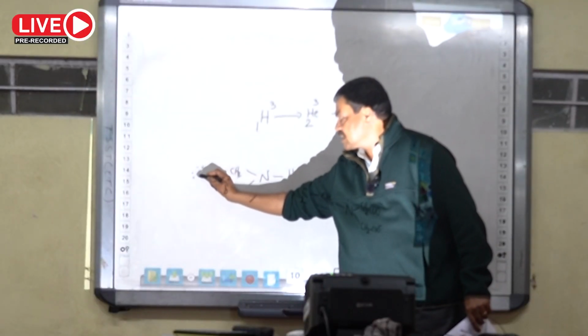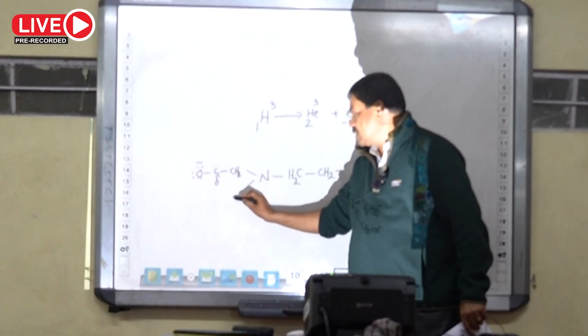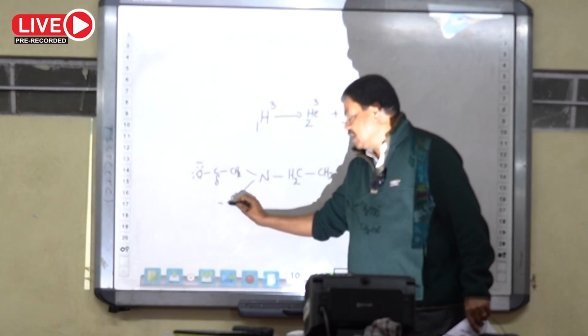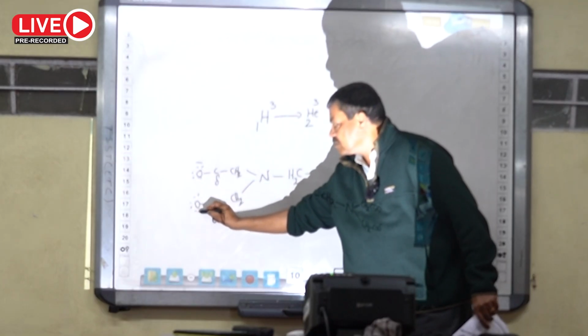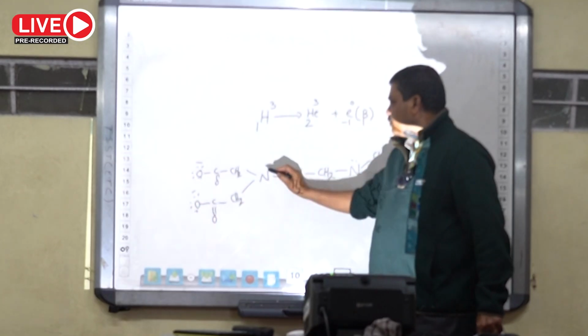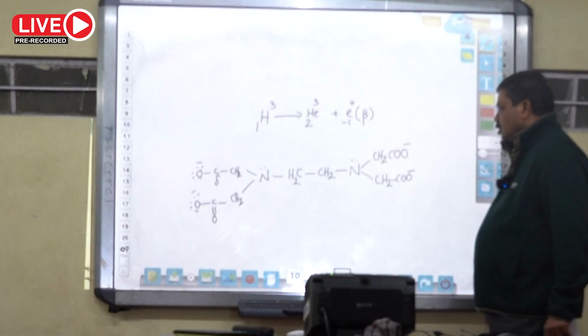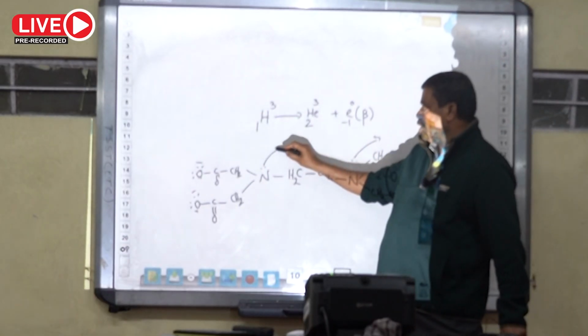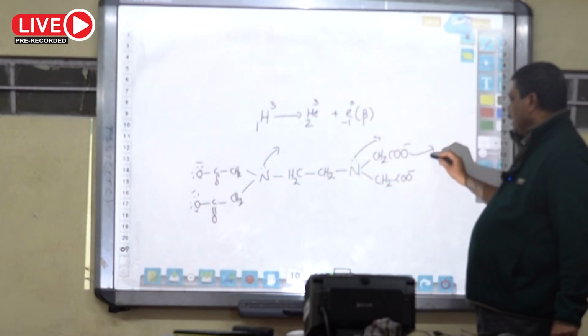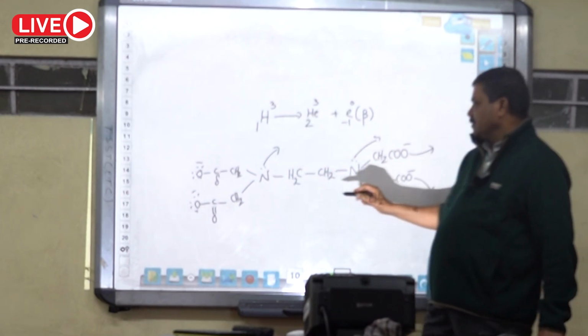You can also write O minus like this. You can expand and write like this also. So in total it can form 6 coordinate covalent bonds by donating 6 lone pairs.